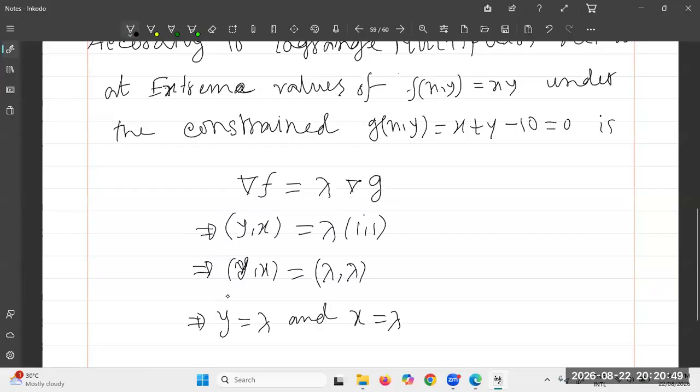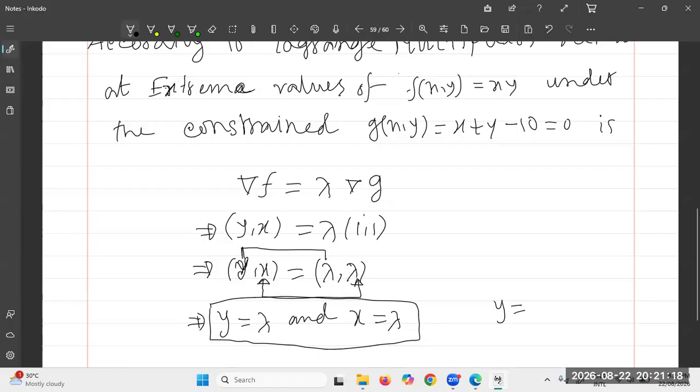So in this case, for the first vector our first quantity is y. For the second vector, the first quantity is lambda. These two quantities must be equal, since these two vectors are the same. The second quantities must also be the same. So finally, we have a relation of x, y, and lambda.